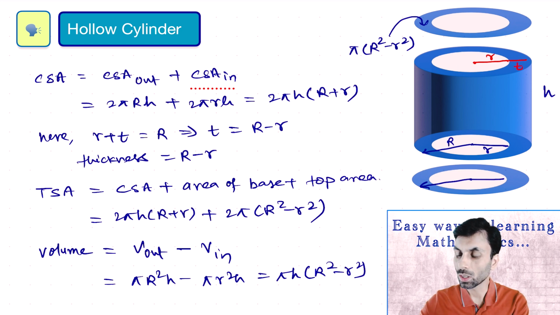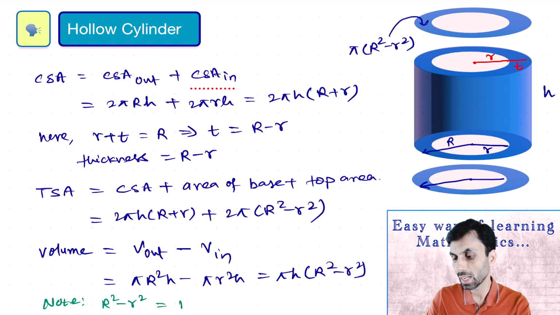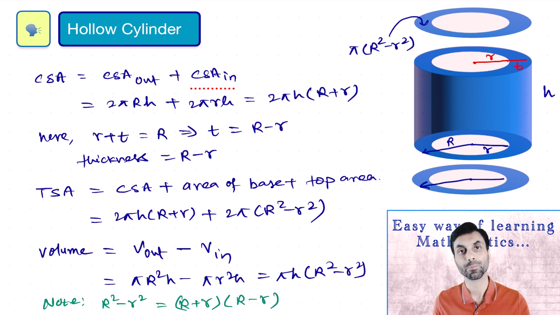Now one thing we need to remember as a note is that when required, we can use the identity a square minus b square to solve R square minus small r square, which can be written as capital R plus small r into capital R minus small r. So this is the formula related to the hollow cylinder.